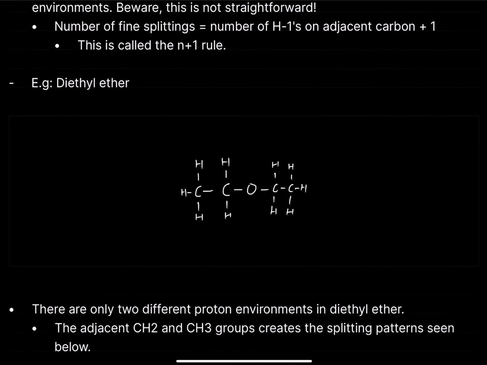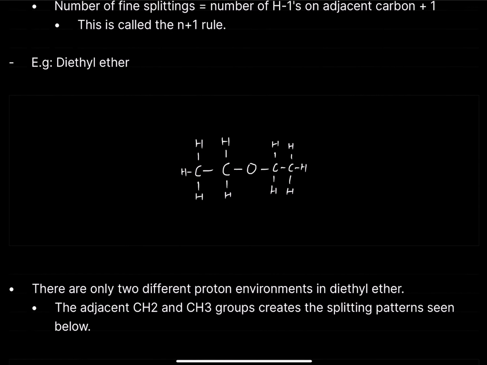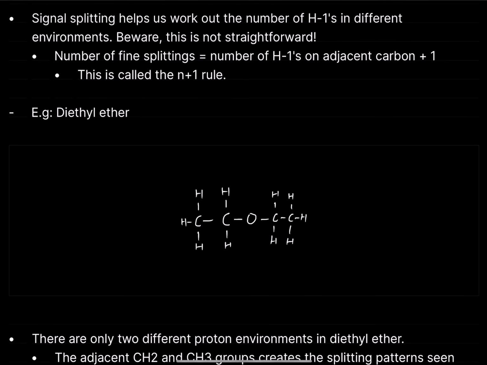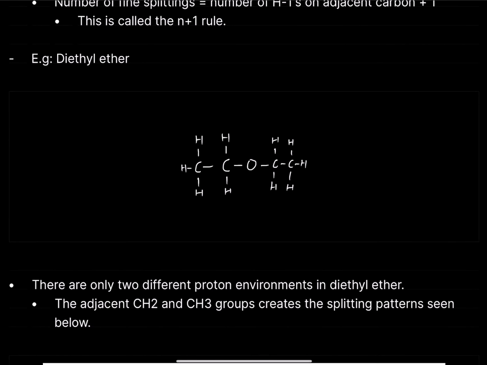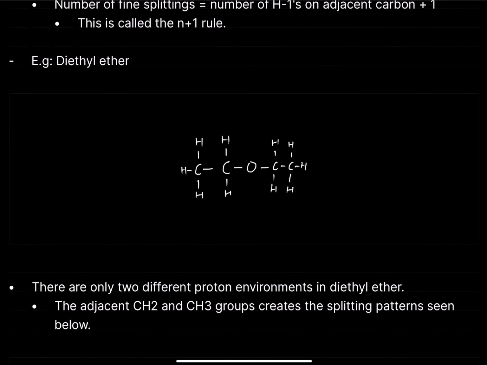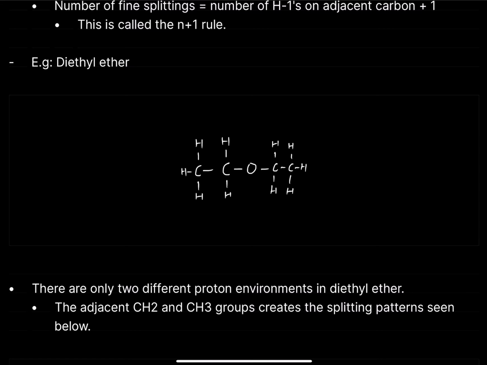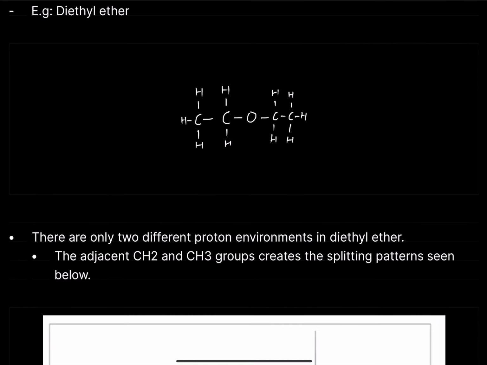I'm going to show you the H1 NMR of diethyl ether. There are only two different proton environments in diethyl ether. This is one environment, and this is the same environment as this.